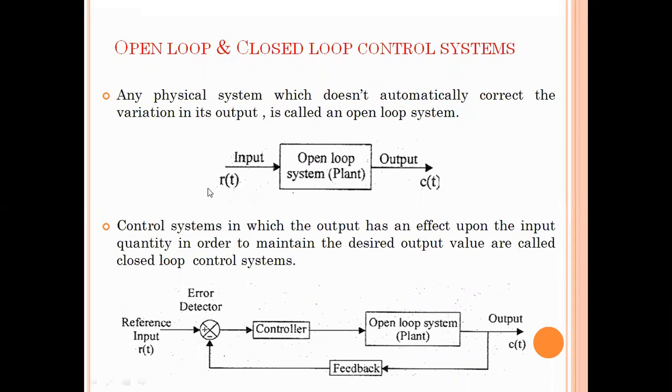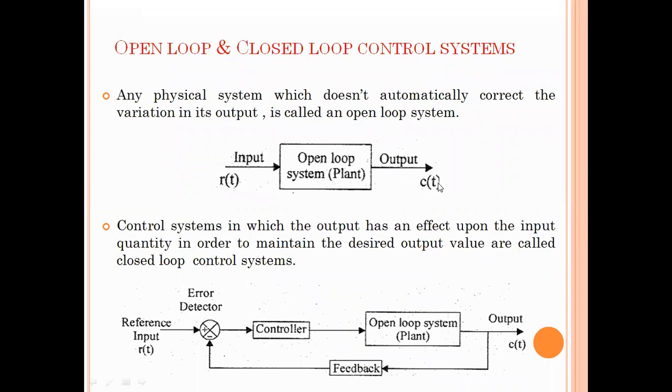Okay, here also for this open loop control system, there will be external disturbances. Because of these external disturbances, the system function may be affected, which will affect the output signal or output response of this system.